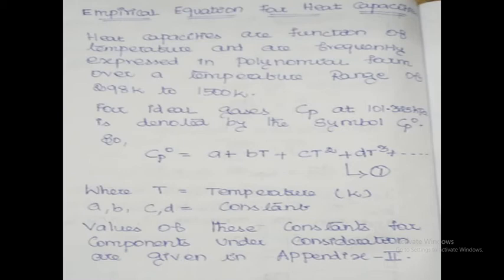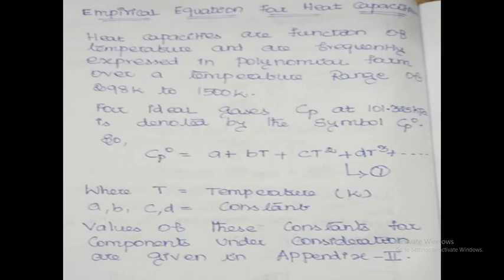Are you clear or not? For ideal gas condition, Cp is equal to Cp0 at 101.325 kilopascal. So Cp0 represents the specific heat or heat capacity at a constant pressure in the standard state. Are you clear or not?